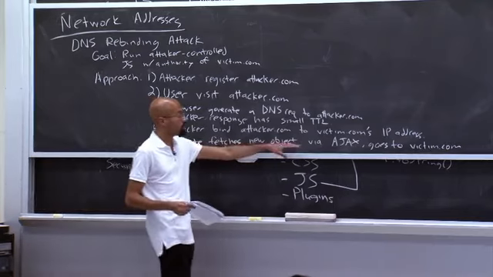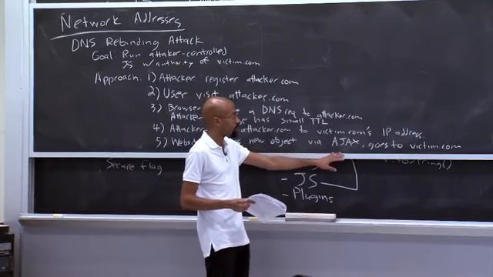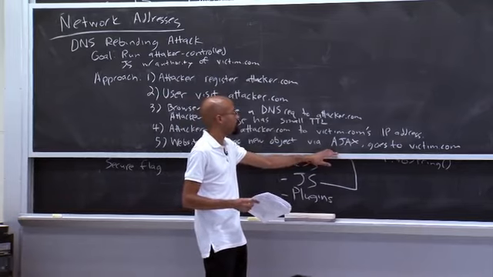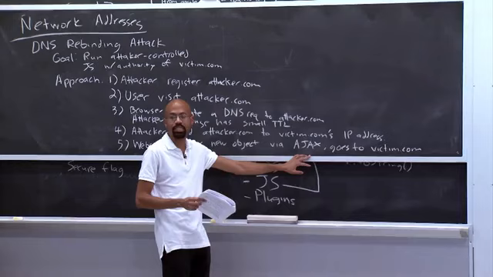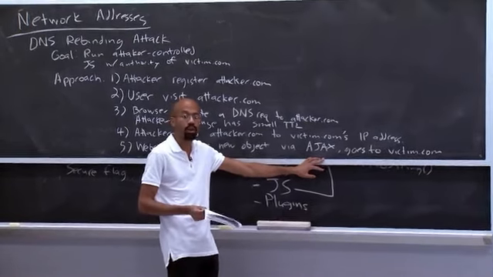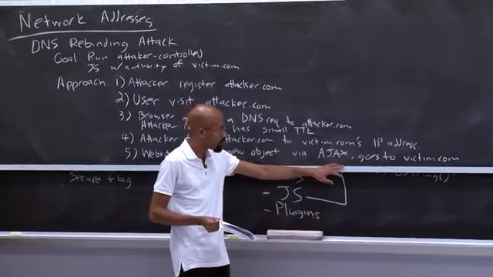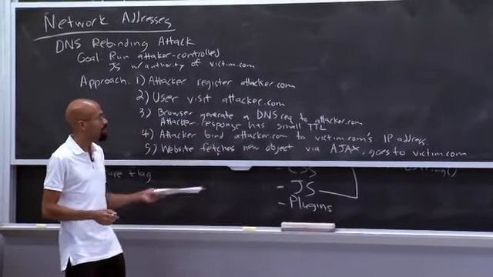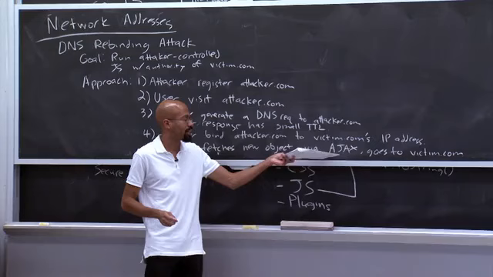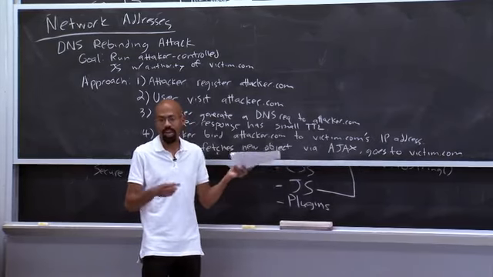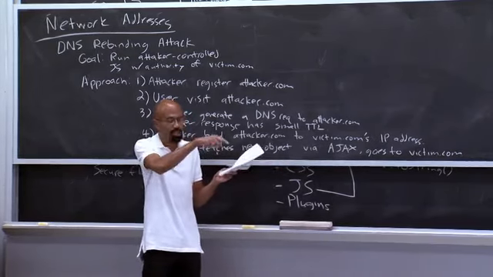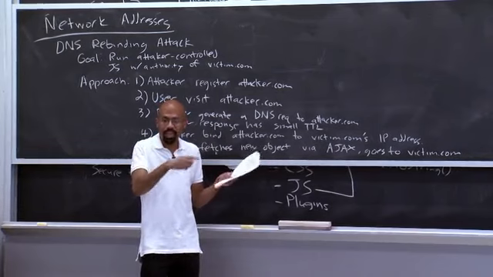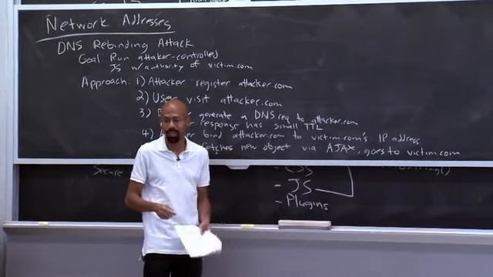What's nice about this approach, though, is that presumably it allows you to do things like port scanning. Your approach will work, but the reason you do it this way is that you can constantly rebind what attacker.com points to, to different machine names and different ports inside of victim.com's network.